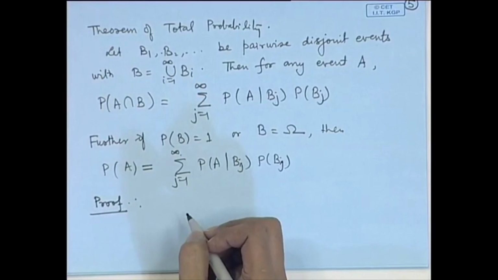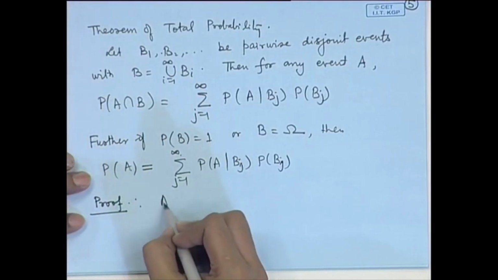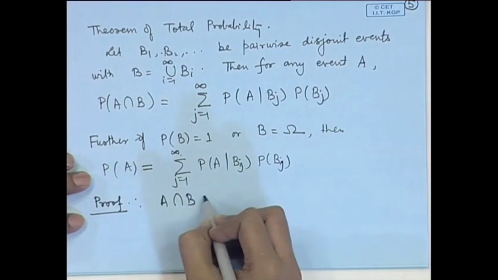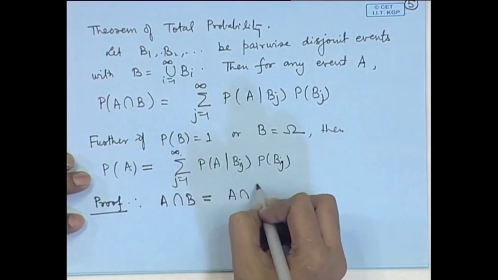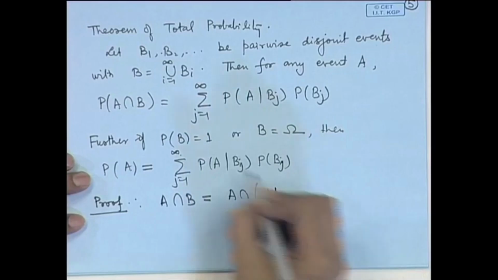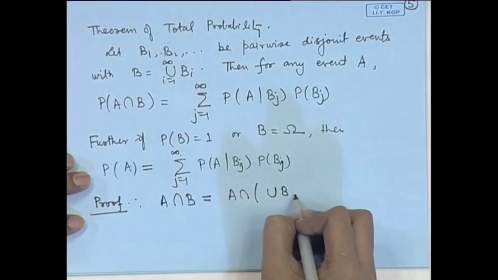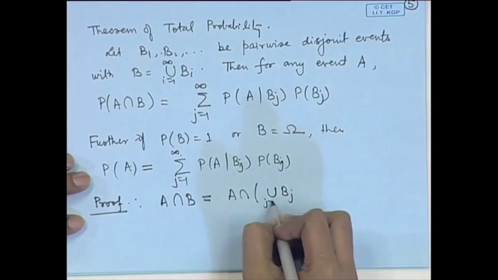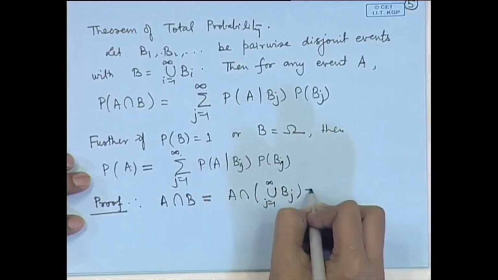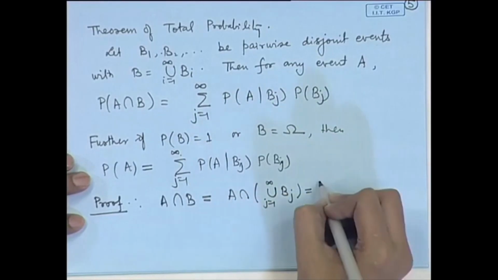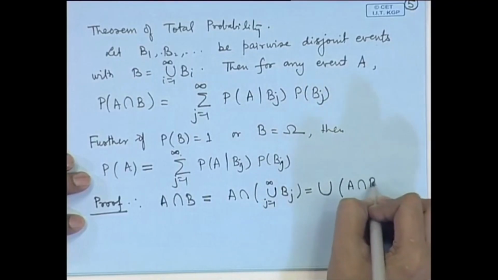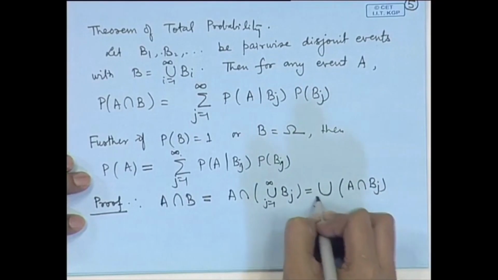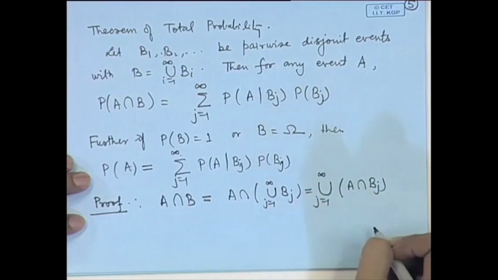So, consider A intersection B. Now, A intersection B can be written as A intersection, and the representation for B is union of Bj, j equal to 1 to infinity. By applying the distributive property of the unions and intersections, we can write it as union of A intersection Bj.